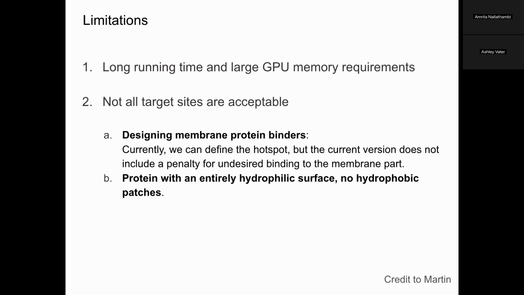You usually require large GPU memory, and imagine you want to generate a very large binder: the computation time correlates with the length of the protein, so you will suffer from the running time issue. There is also a huge success rate for very different kinds of targets, but not all target sites are acceptable.